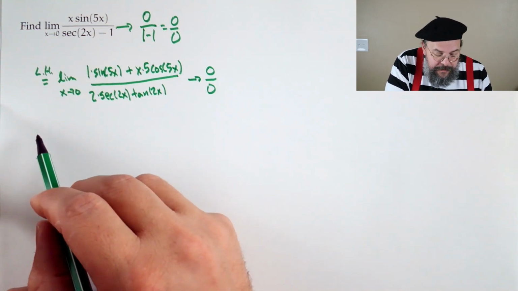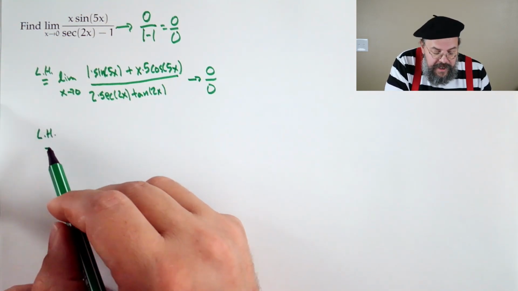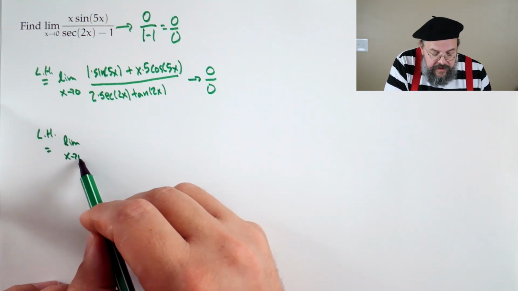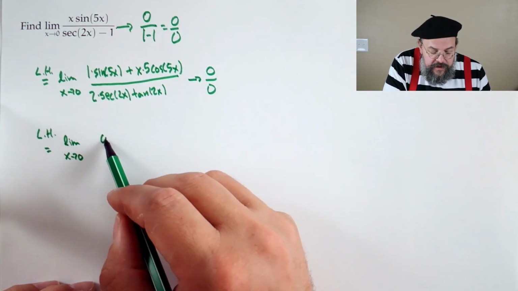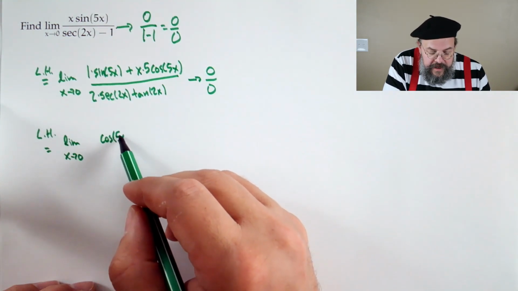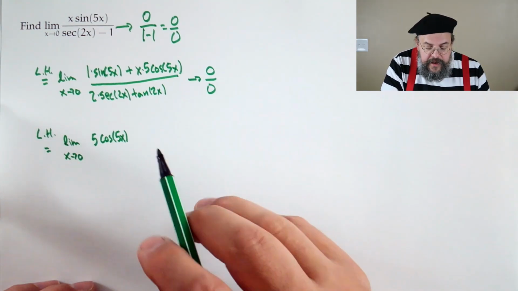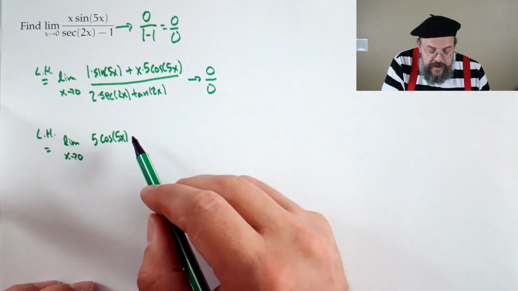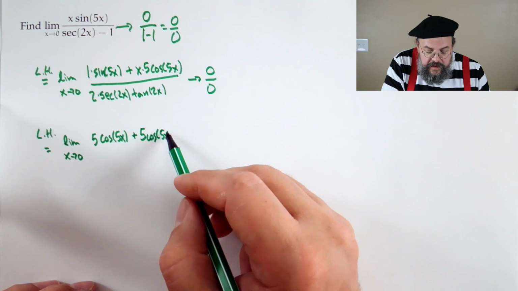So, here we go. L'Hopital. This will be equal to the limit as x goes to 0. Okay, derivative of sine will be cosine 5x, and then there'll be a 5 in front. Now, here, derivative of x is 1, so then there's a 5 cosine of 5x.